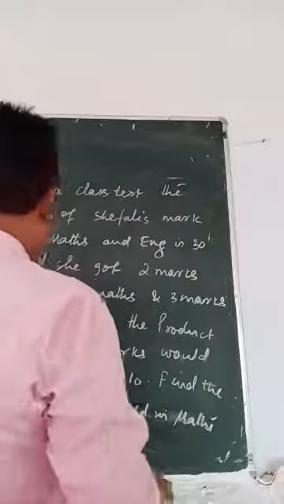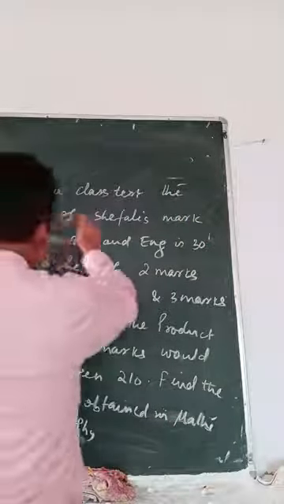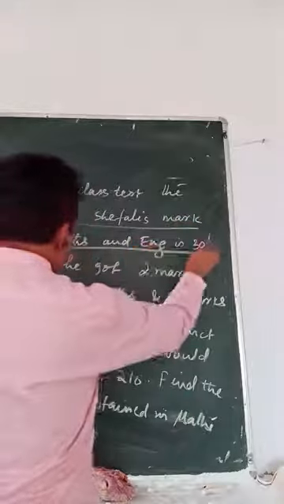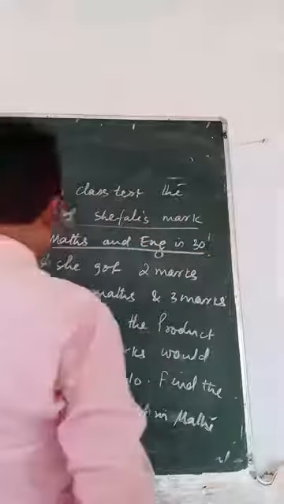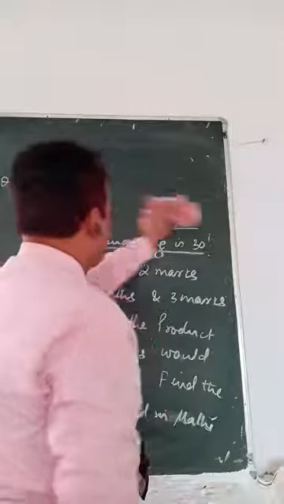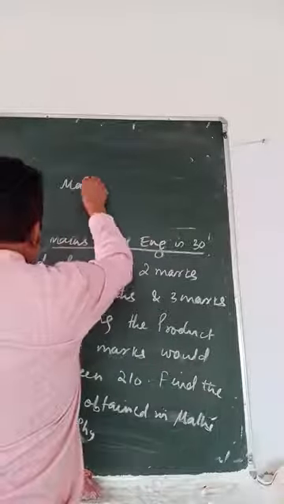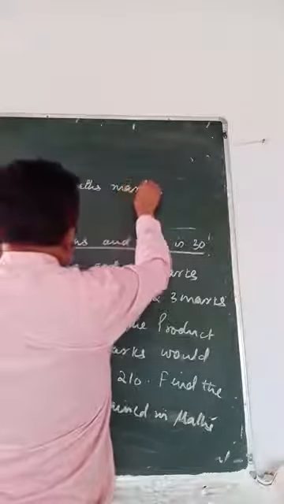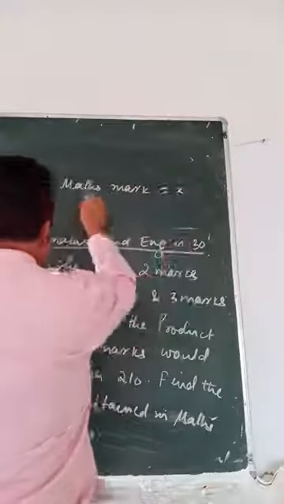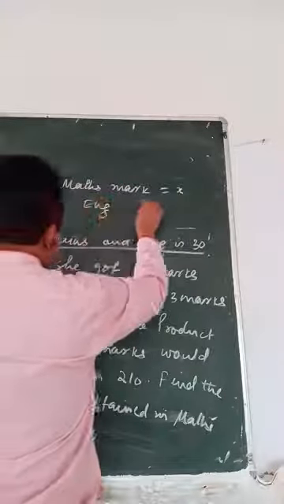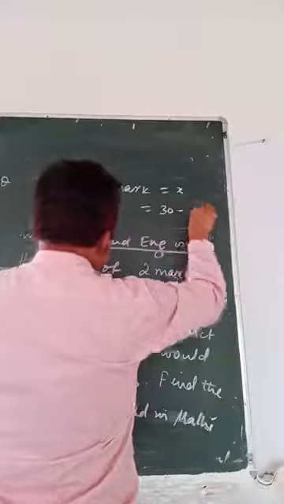In a class test, the sum of Cephalus' marks in maths and English is 30. Suppose maths mark is x. Then English will be 30 minus x.